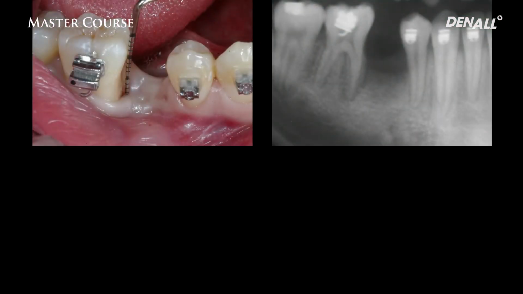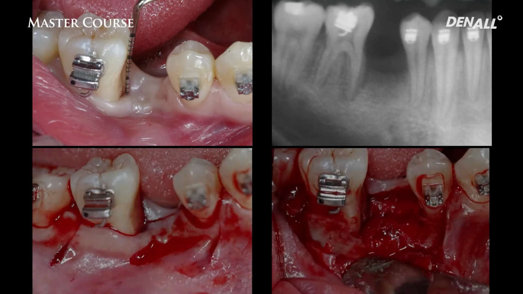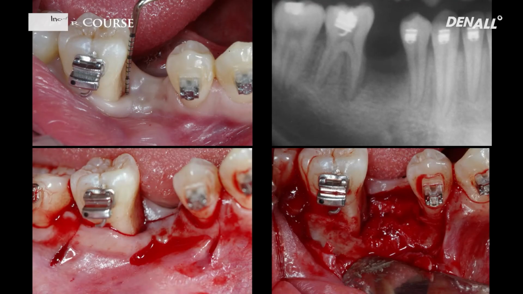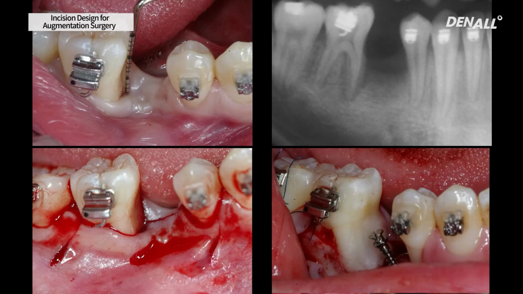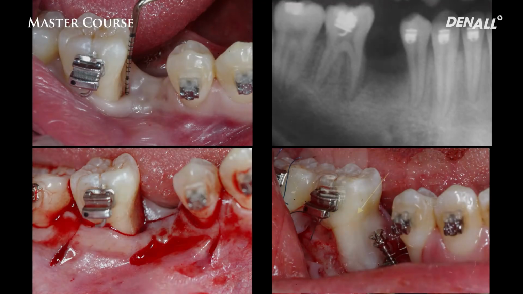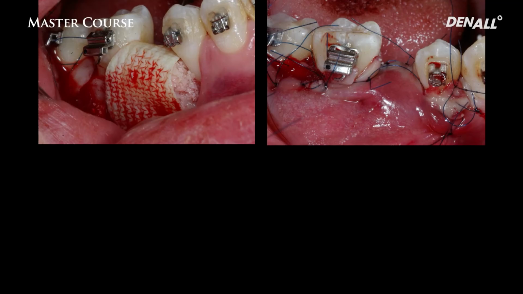Clinically, severe vertical and horizontal bone loss is observed. The root of an adjacent tooth is exposed in this patient. Vertical augmentation is difficult to achieve, so using various approaches and materials, that portion was augmented to get a primary closure.